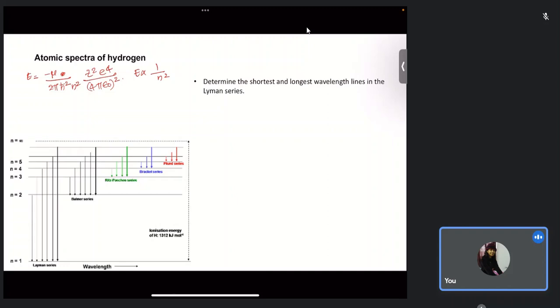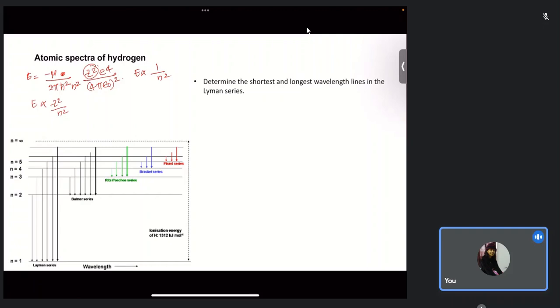Otherwise, it will also depend upon z square. So for any system, E is proportional to z square by n square, where Z is the atomic number, the number of protons present in the system.